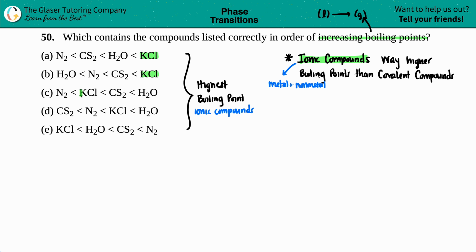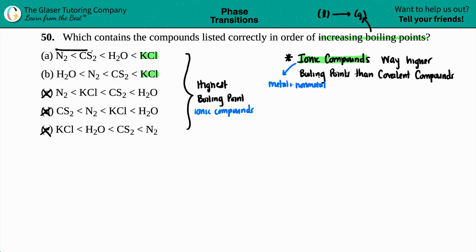In all the other ones, KCl is in the middle, or KCl is the lowest boiling point. I don't think so. So these 3, C, D, and E, don't work. And look, you now have a 50-50 shot. That's pretty impressive by just knowing one little thing. But now we just have to deal with the difference between A and B.